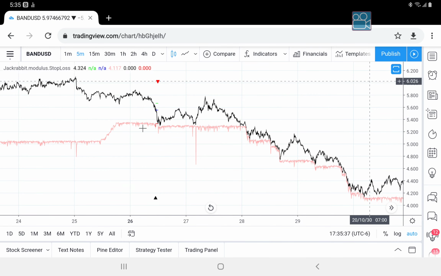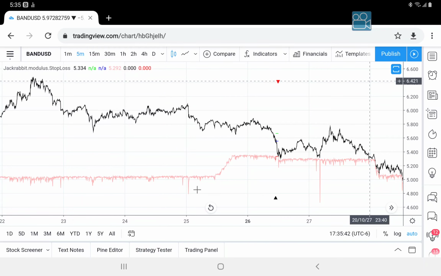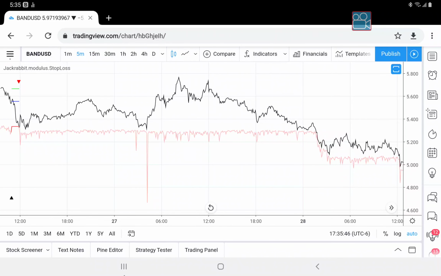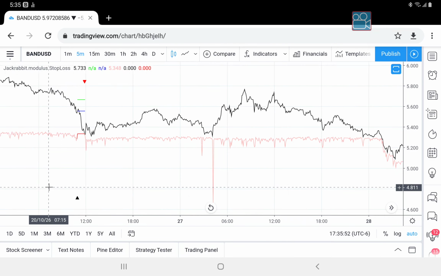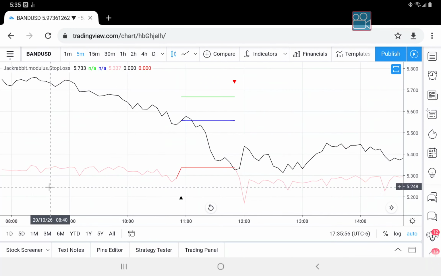It got in. Let's blow this up. It got in and the price action dipped. And it got out.